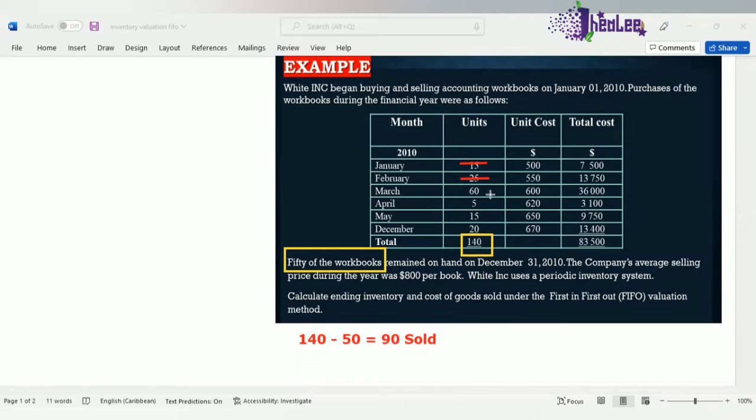They sold 90, so it means that there are 50 more items that were sold. This 50 would have been taken from the set that were purchased in March. So when we subtract that 50 from the 60, we have a total number of 10 books remaining from the March purchase.